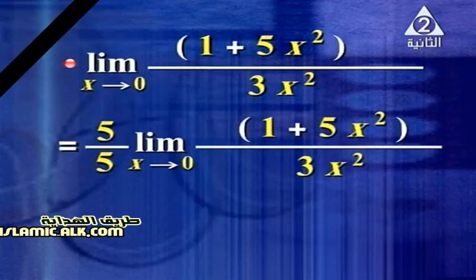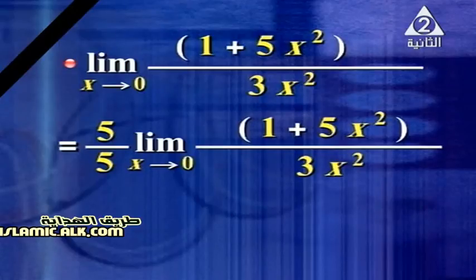Limit when x tends to 0 of 1 plus 5x squared, all to the power of 1 over 3x squared. Remember, dear student, we multiply by 5 and divide by 5. Look at the exponent: multiply by 5 and divide by 5.